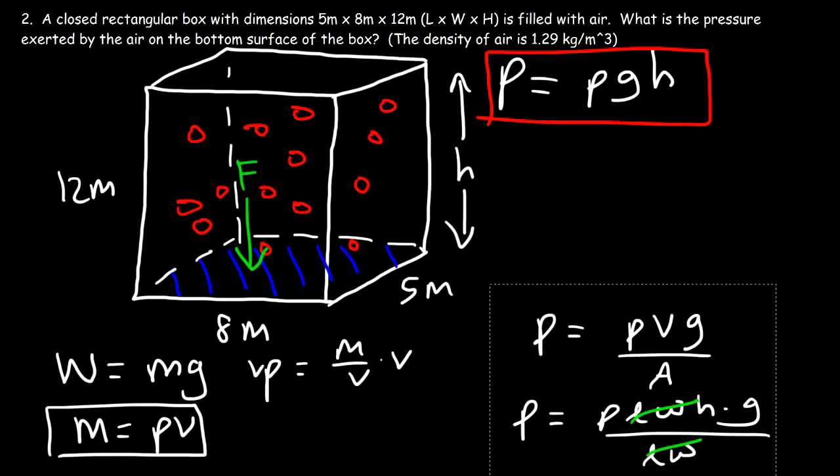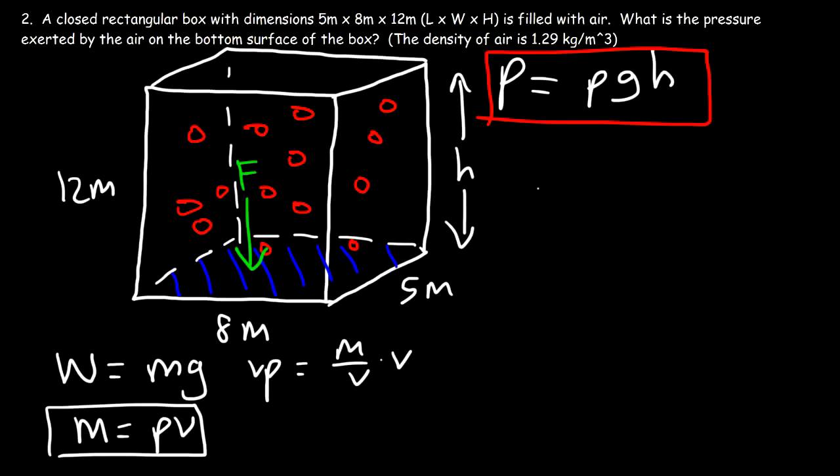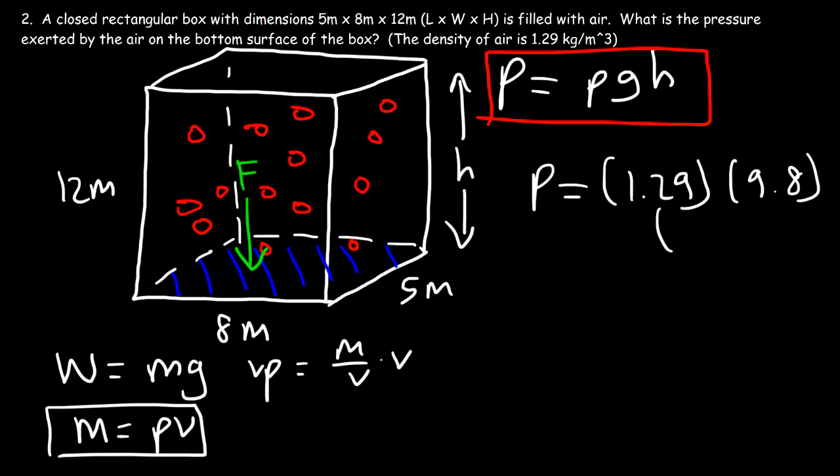Now let's go ahead and finish this problem. So the pressure is going to be the density of air, which is 1.29, times the gravitational acceleration, 9.8, and we want to find the pressure at a depth of 12 meters.